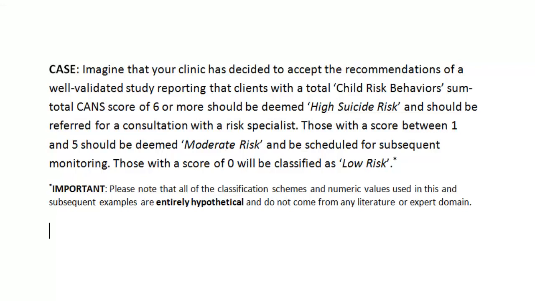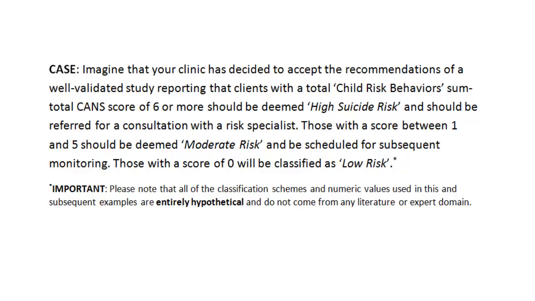Imagine that your clinic has decided to adopt the recommendations of a well-validated study reporting that clients with a total child risk behaviors total score on the so-called CANS survey of 6 or more should be considered at a high suicide risk and referred for consultation with a risk specialist.